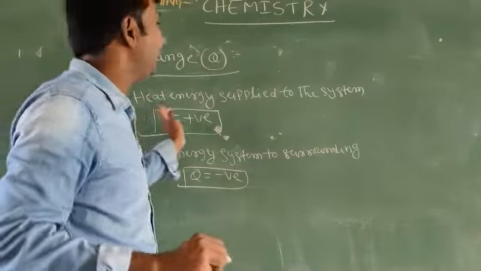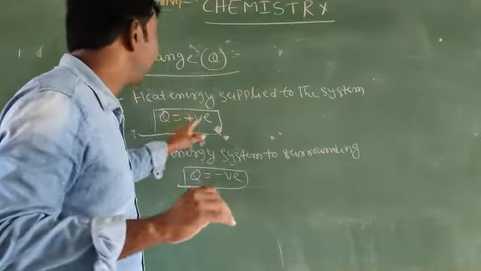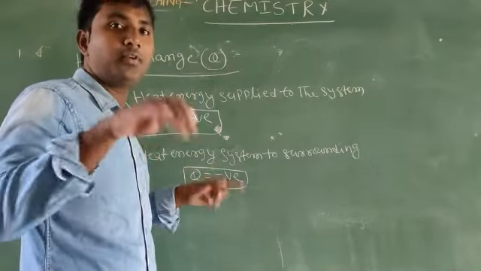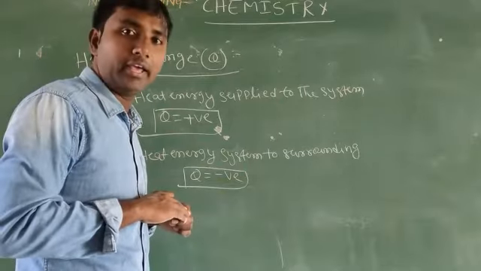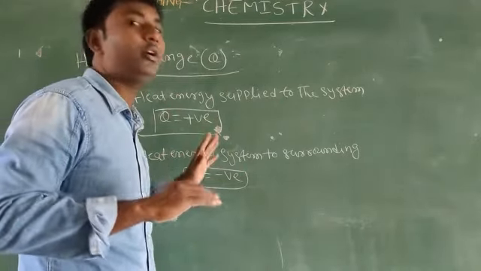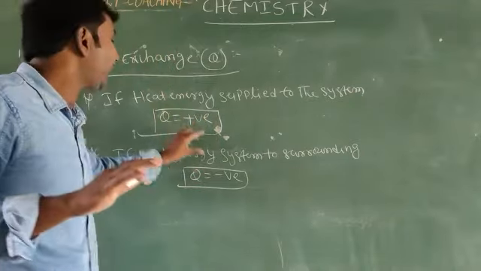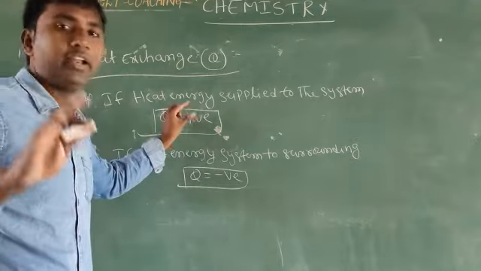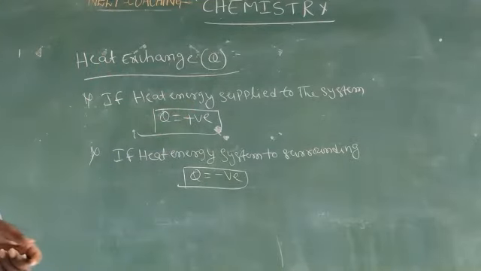Heat energy into the system means Q is positive. Heat energy released from the system to the surrounding, out of the system, means Q is negative. So these signs are very important. Definitions no one asks; the signs are very important.